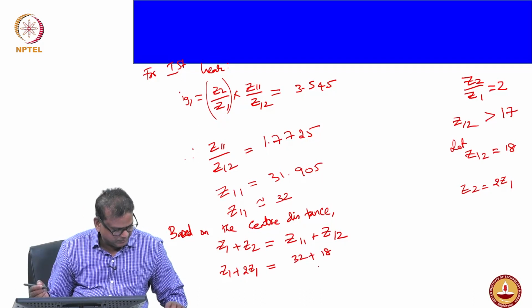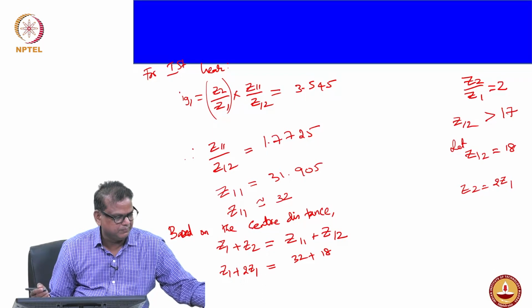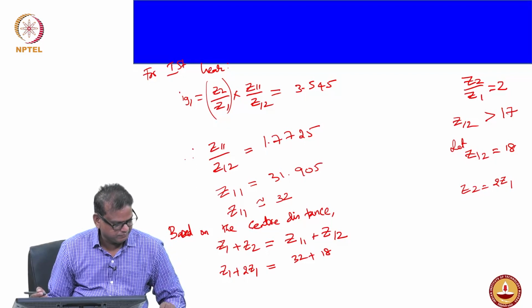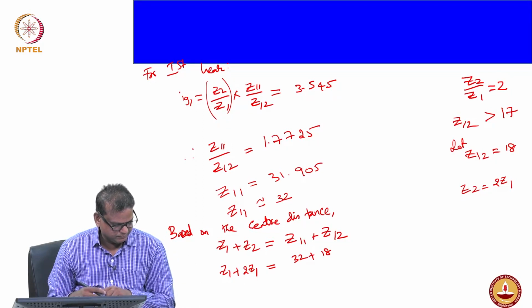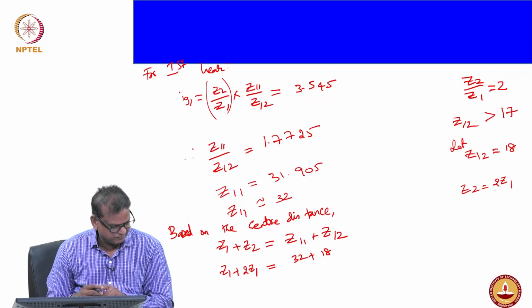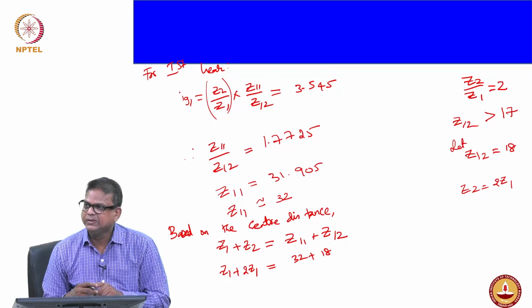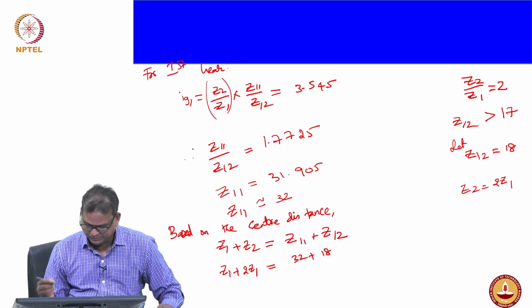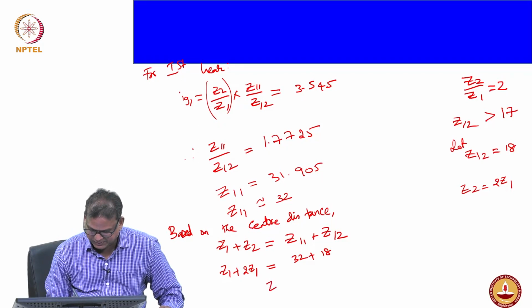So tell me what value you are getting for Z1. 17. Okay, right, Z1 is 17.